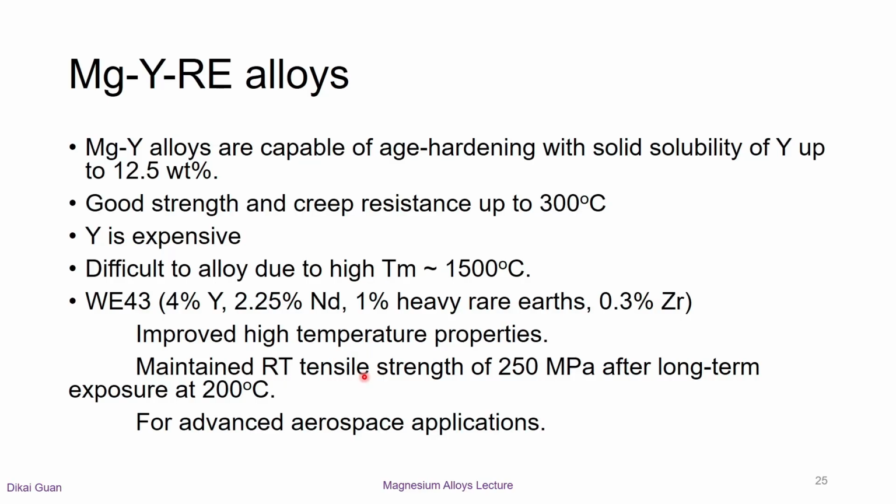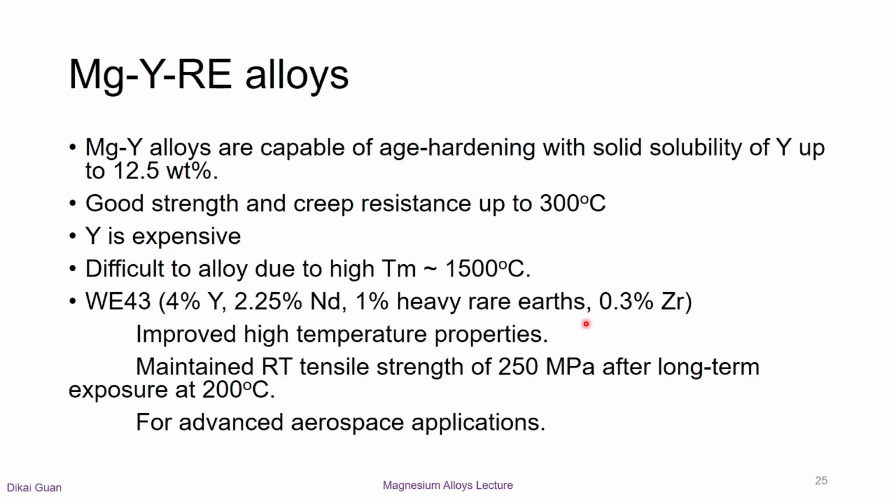Yttrium-containing bismuth metal or magnesium-yttrium master alloys are used for developing the WE alloys. For example, WE43 consists of 4% yttrium, 2.25% neodymium, 1% heavy rare earth, and 0.3% zirconium.